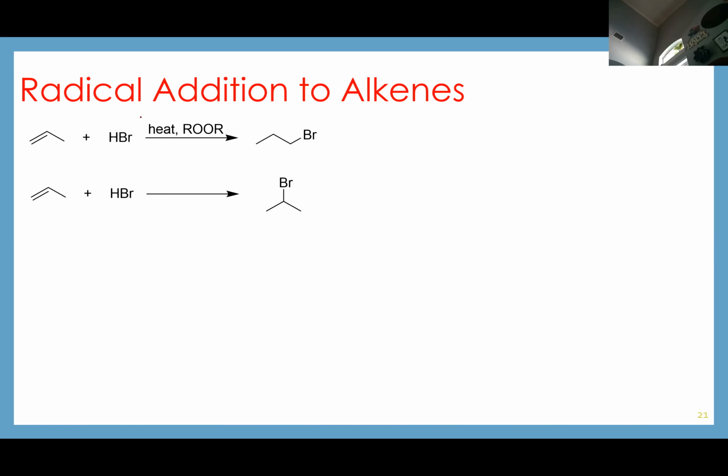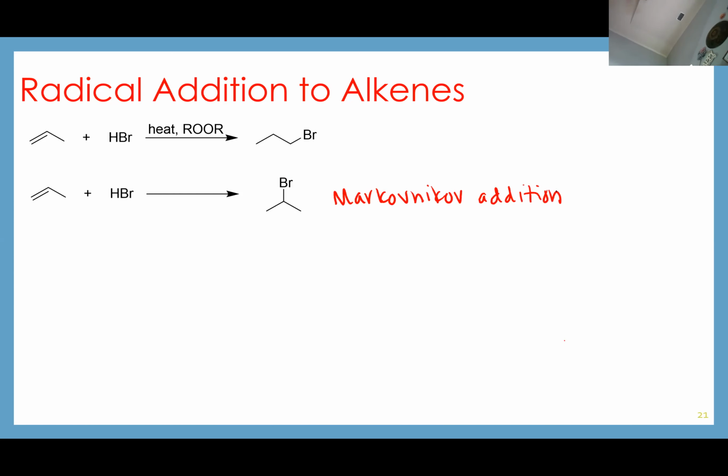So remember that in chapter 8, we actually learned these reactions already. We talked about Markovnikov addition of a halogen acid across an alkene. In this product, a hydrogen atom was added to the primary carbon and a bromine was added to the secondary.